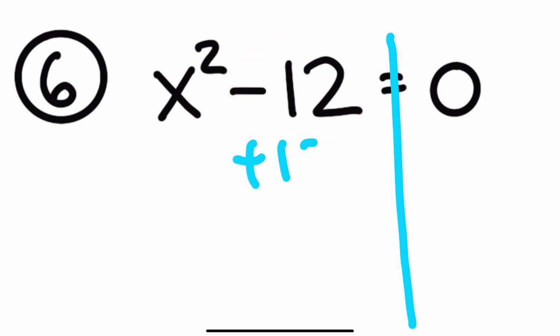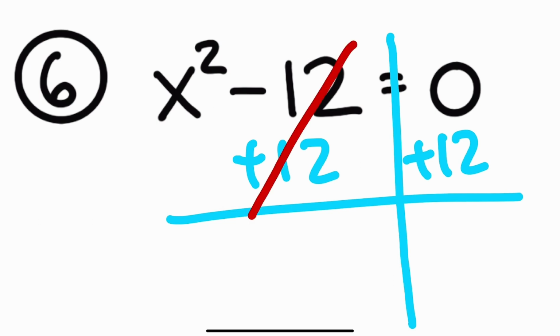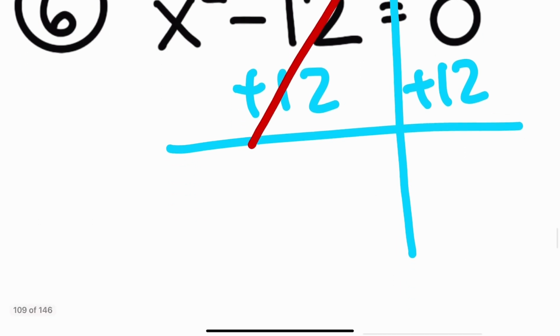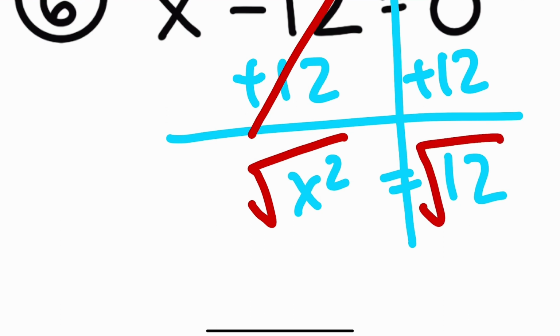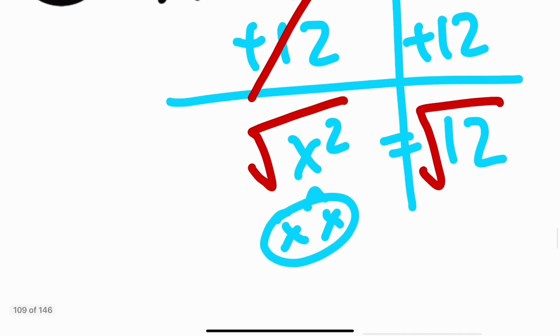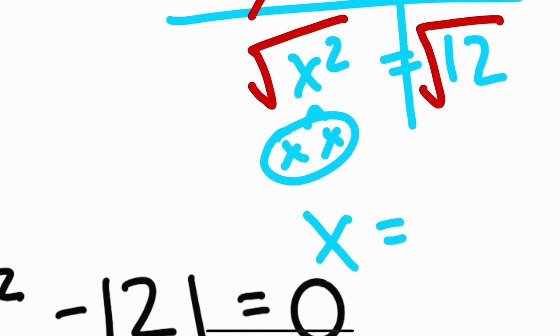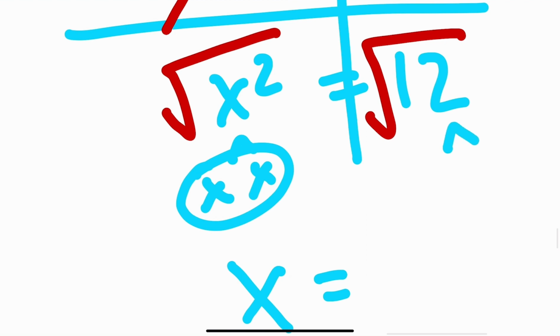I'm going to add 12 to both sides. Cancel. So I'm left with x squared equals 0 plus 12, which is 12. Square root both sides for step number 2. I'm going to find my pairs. I got one for my x's. So I'm going to have x equals, let's try it out for 12.